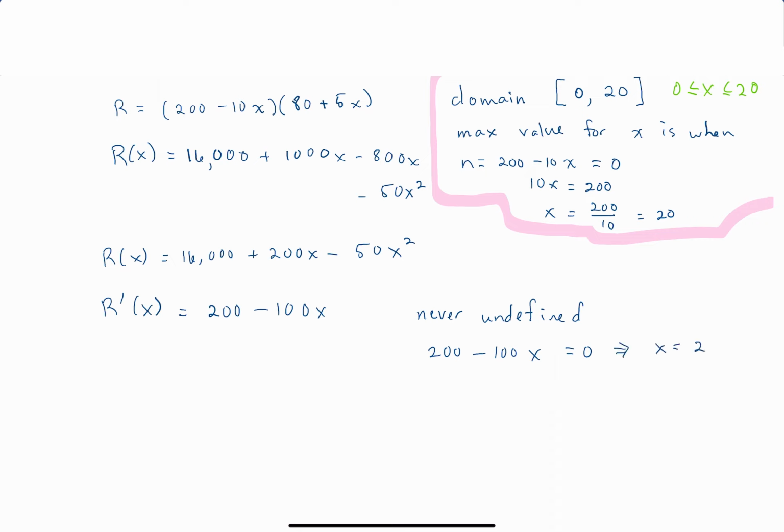So that's our one and only critical number. It is inside our closed interval from 0 to 20, so it's one we can use. So with the closed interval method, again, we just plug in the critical number and the endpoints. And whichever one is the biggest is our maximum.